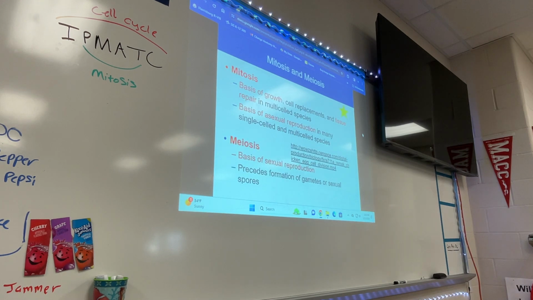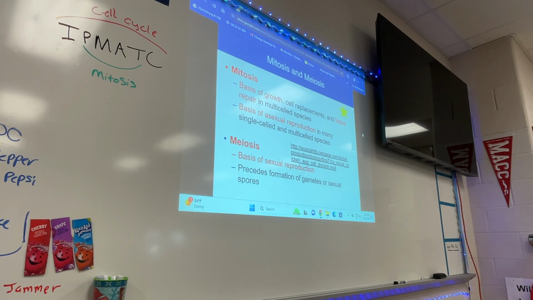Now this is in Google Classroom, but it's basically the difference between mitosis and meiosis. Mitosis is the basis of growth and cell replacement and tissue repair. So for an organism to grow, it needs to go through mitosis. If an organism is injured, say you get a paper cut, and there is now a gap in your skin, it needs to fill that gap.